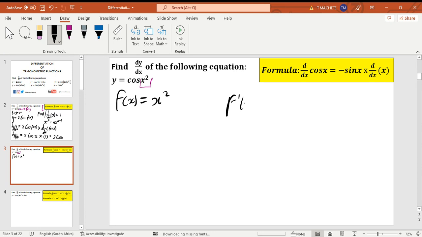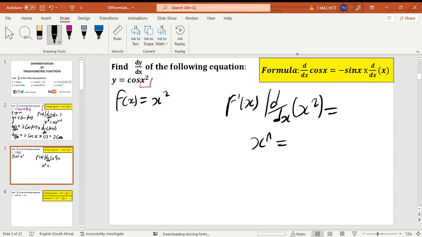Then you have to find the f prime of that. Let's just write d over dx of x squared. For this, you're going to apply the same formula. So in this case, your n is 2.